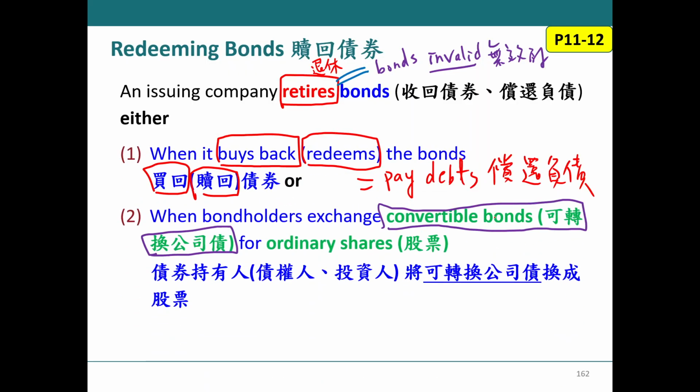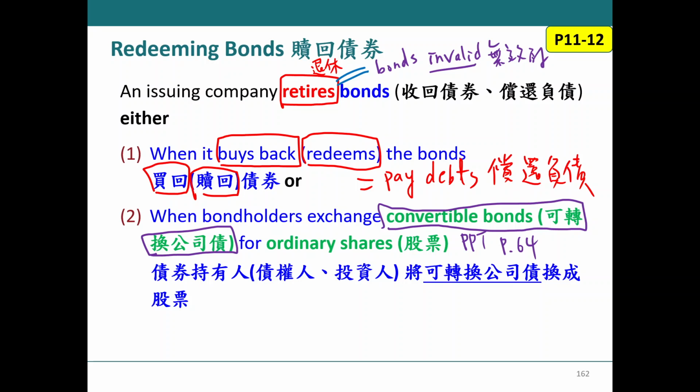In case you forgot, you can go back to your slide, PPT, page 64. Okay, so these are two situations. You could retire your bond, make your bond invalid. First one, pay the money back, pay the debt. Second one, when investors decide to convert the bond into shares, okay?